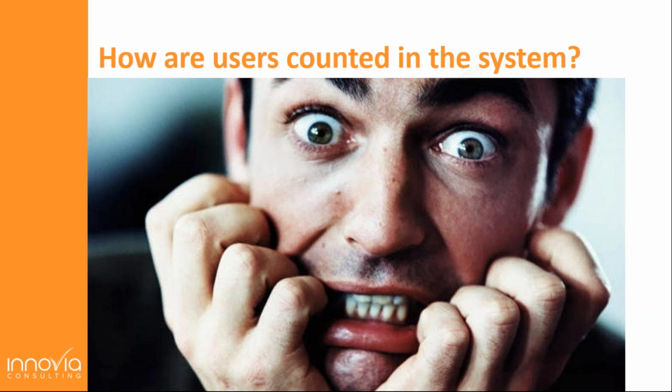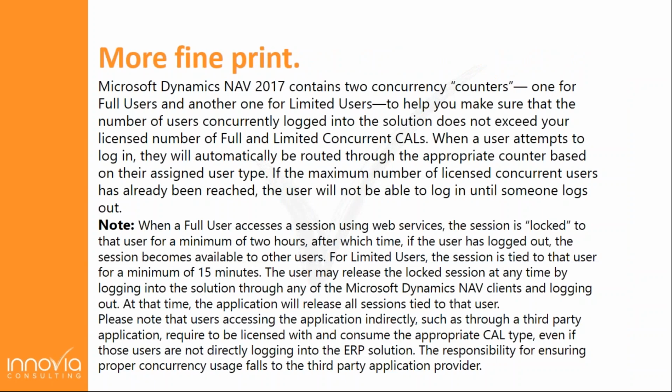That can sometimes be difficult. As it states here in the fine print, NAV has 2 concurrency counters, one for full users and one for limited. If you don't have any limited users, obviously you don't care about that counter, but essentially it's just keeping track.